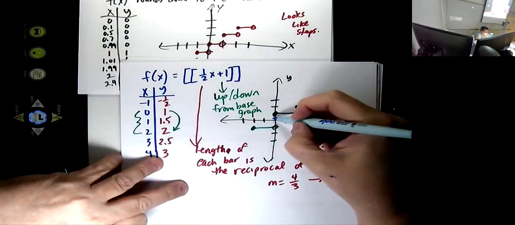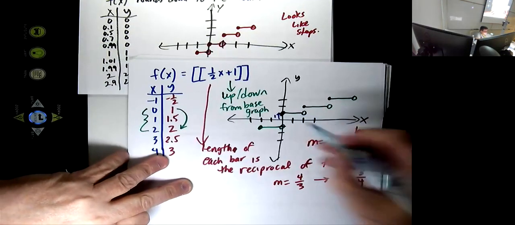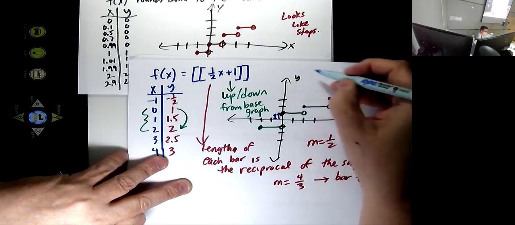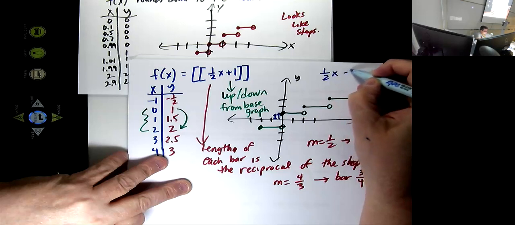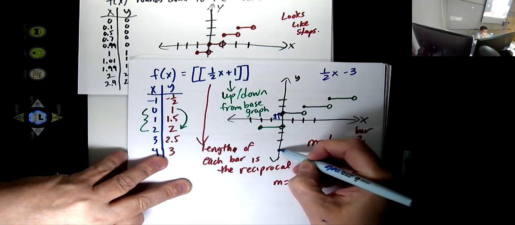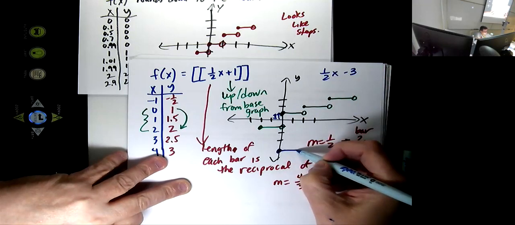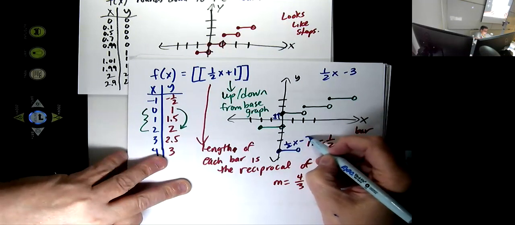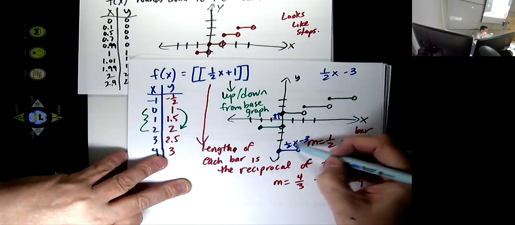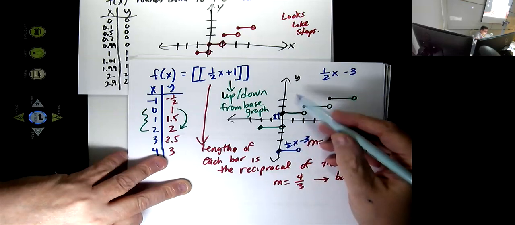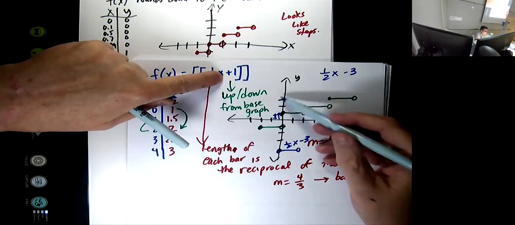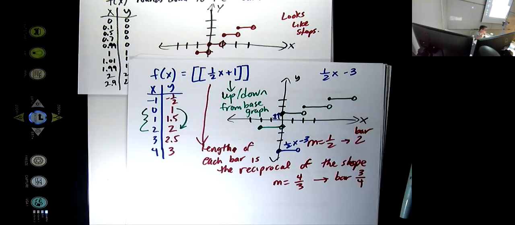Plus 1 means we moved up 1. If it was 1/2 x minus 3, it would go down 3 and go over 2. So the length of the bar is the upside down of the slope, and how far up or down that base graph starts is whatever this constant is. Go up and down from the y-axis from there.